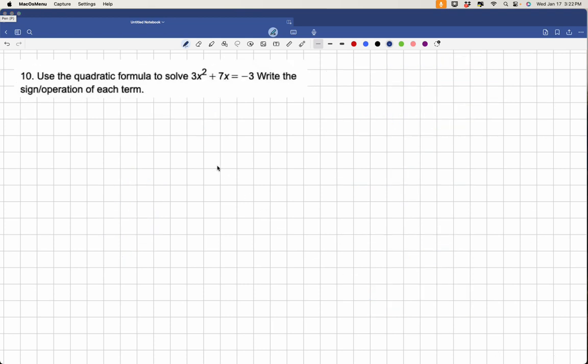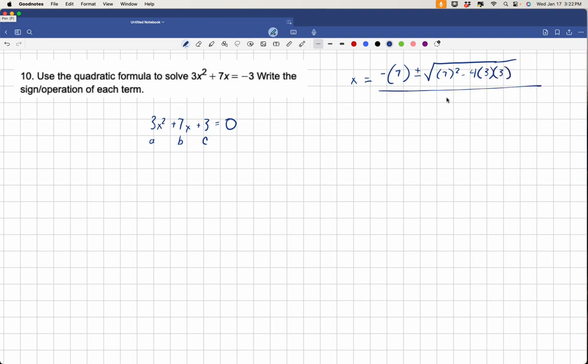All right, here's the last one. So we'd have 3x squared plus 7x plus 3 is equal to 0. So this is our A, B, and C. X is equal to -7 plus or minus the square root of 7 squared minus 4 times 3 times 3, and all of that is over 2 times 3.